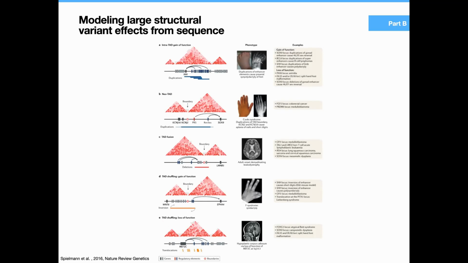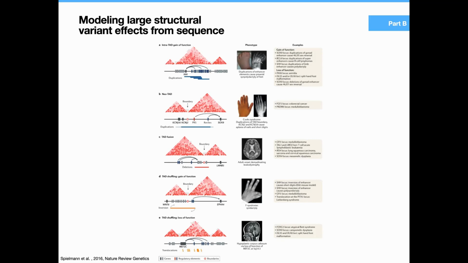Experimental studies of many pathogenic structural variants have shown that they can lead to genome structural changes that are relevant to disease phenotypes. And now with our model, we can in principle predict the effect of any structural variant at any size by computationally generating genome sequences that contain the variant and predict their 3D genome interactions.